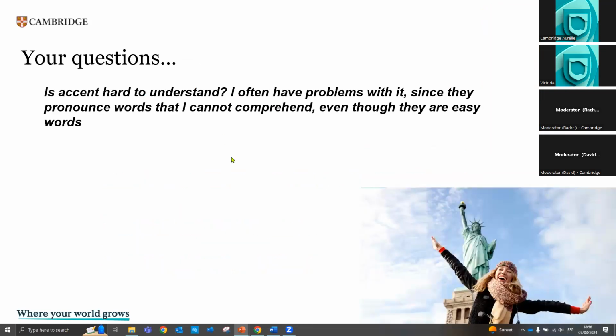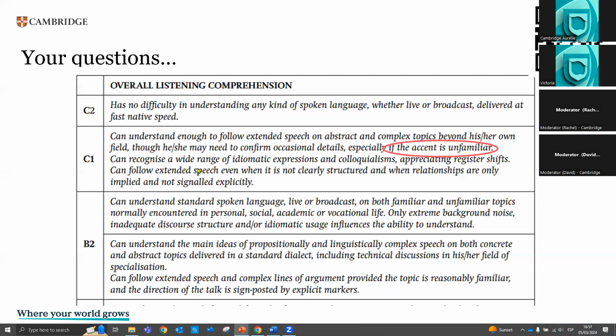More questions from you. Is it hard to understand accents? You often have problems. This is what you have mentioned. Well, for this, we are going to refer to the Common European Framework. Accent is mentioned for the first time at C1. So at B2, the use of accents is going to be very gentle.